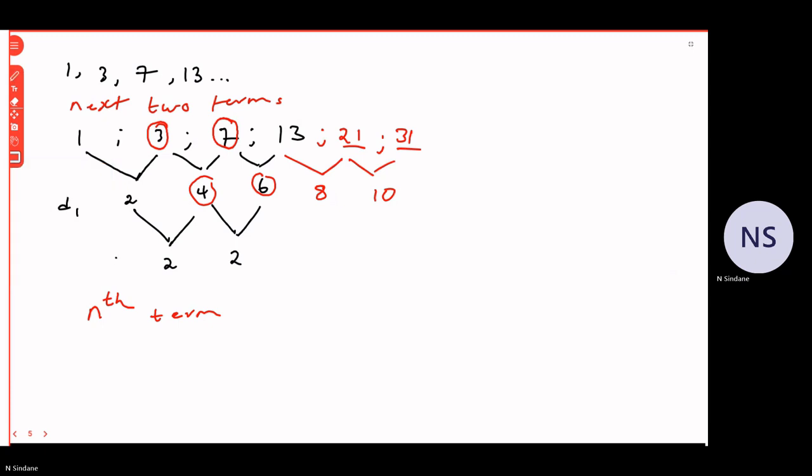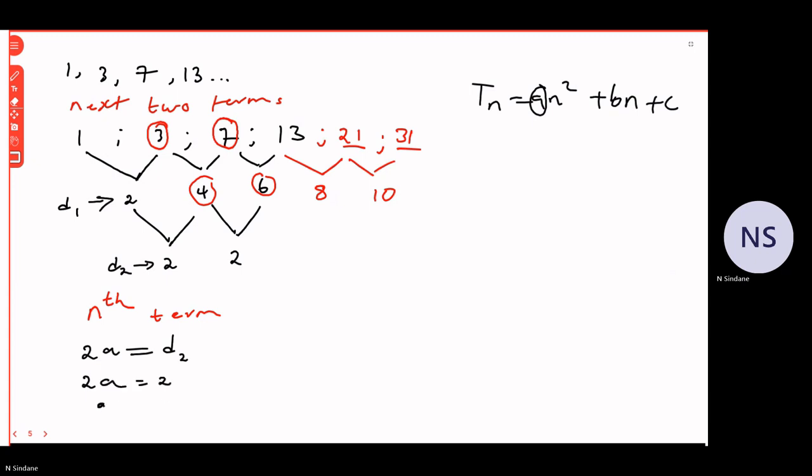For me to calculate the value of A, we said 2A is equal to D2, the second common difference. My second common difference is 2, so 2A is equal to 2. Then A is equal to 1, when I divide both sides by 2.